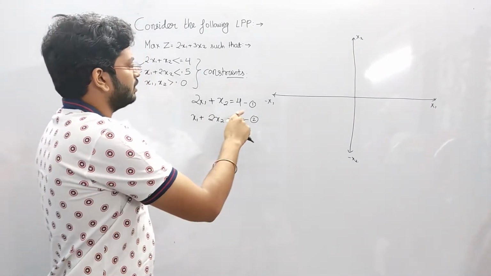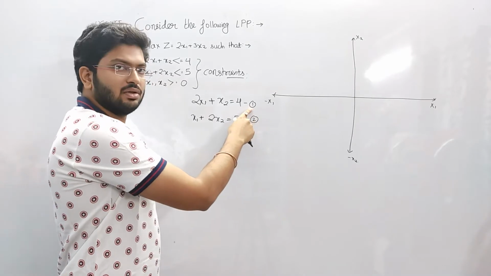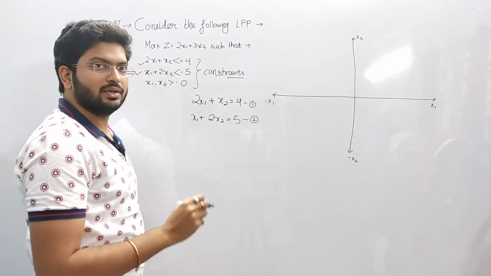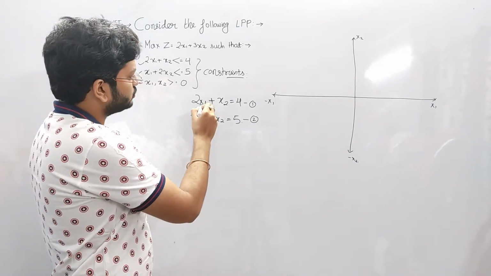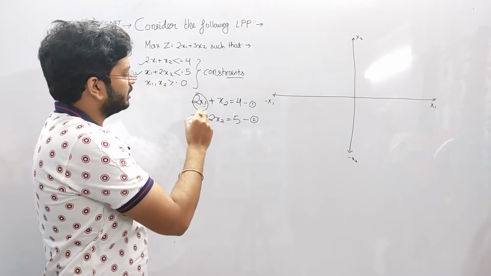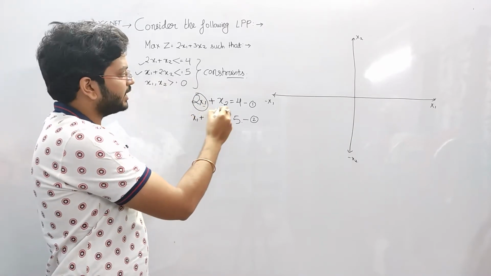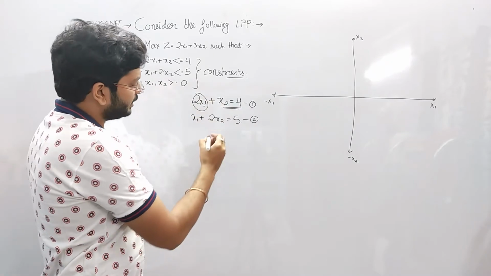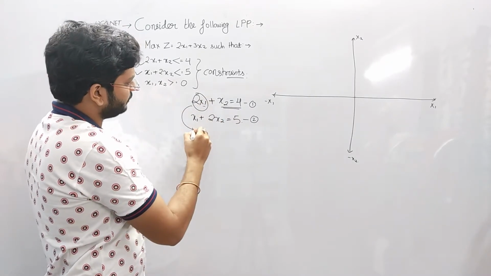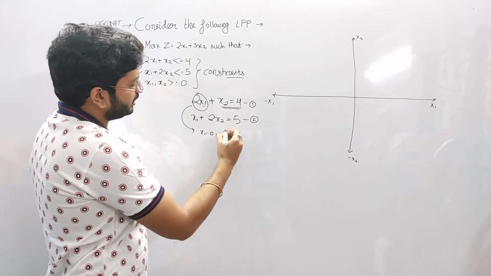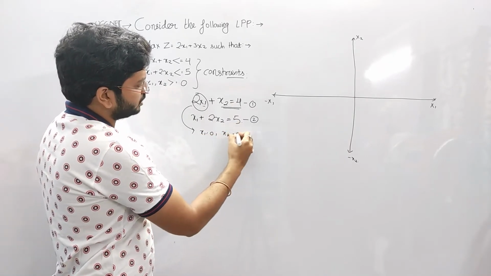be careful, be attentive. In equation 1, I am simply putting x1 equal to 0. If I put x1 equal to 0, this whole part vanishes, so x2 will simply be 4.